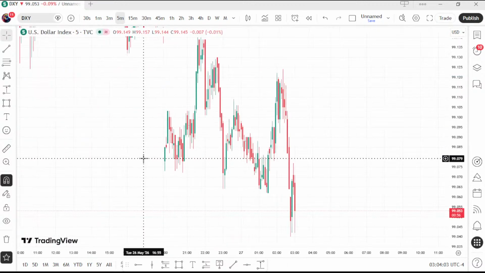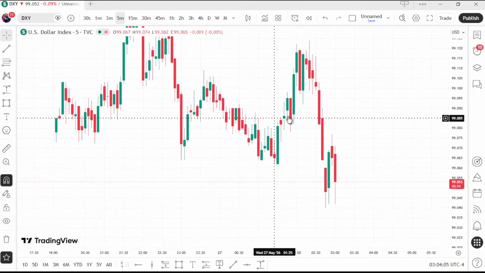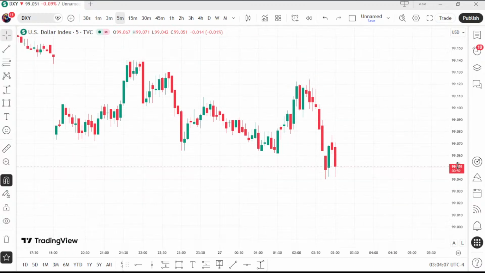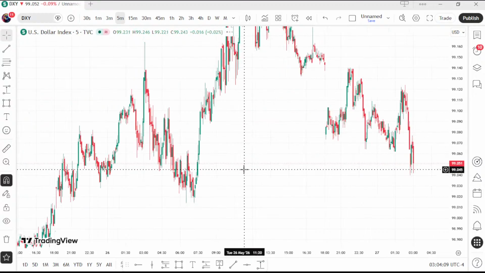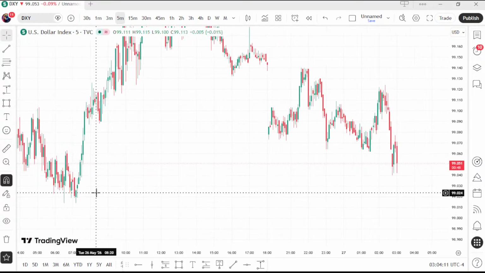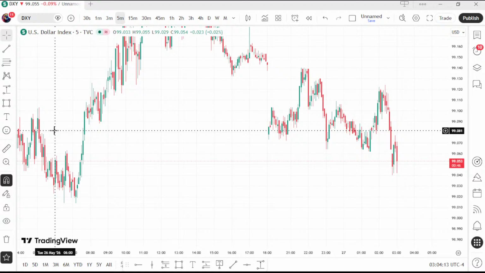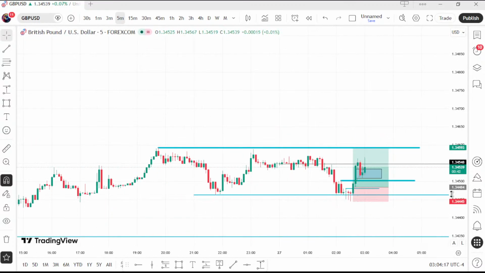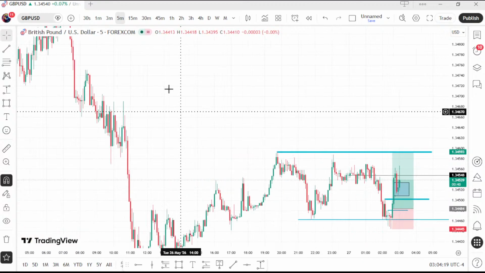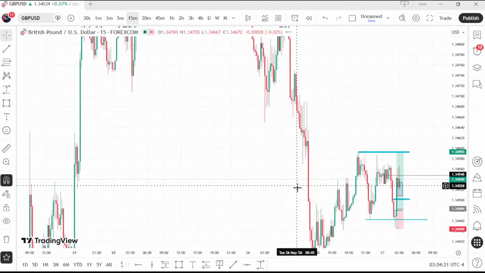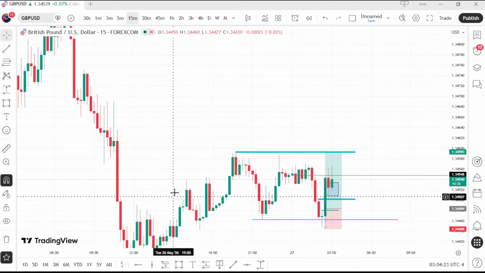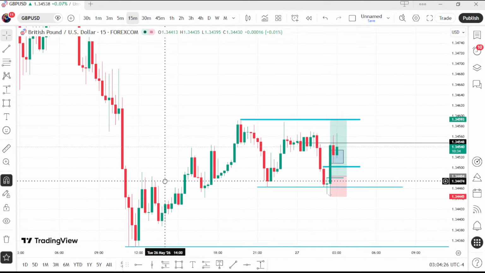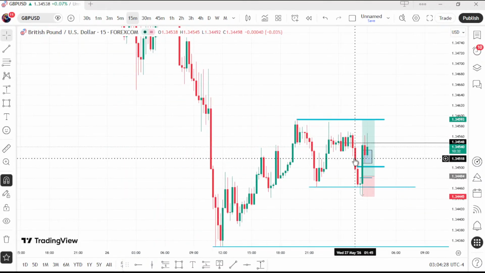At the same time, I want to see the DXY declining. I want to see it go down to sell side liquidity. Let's see in the next 10 minutes.